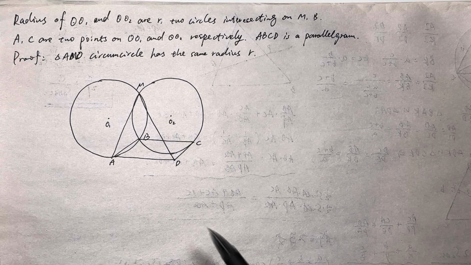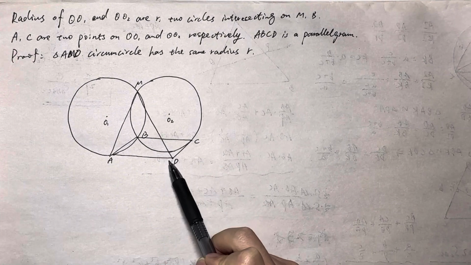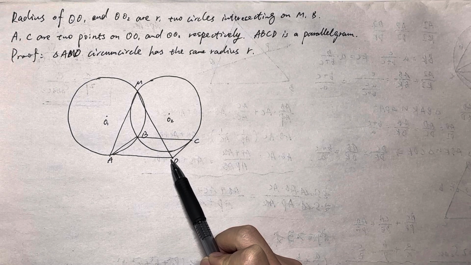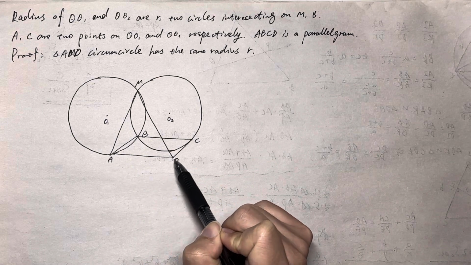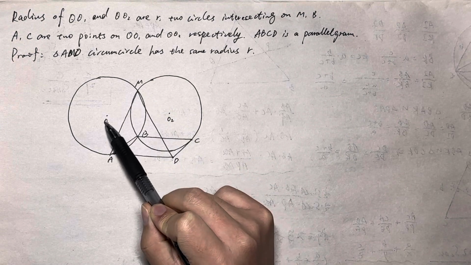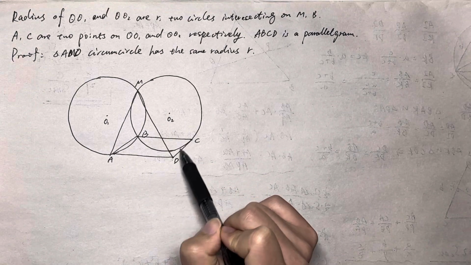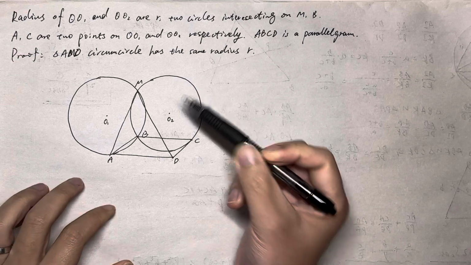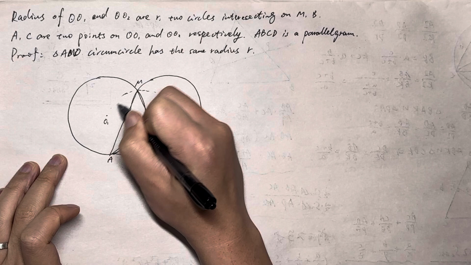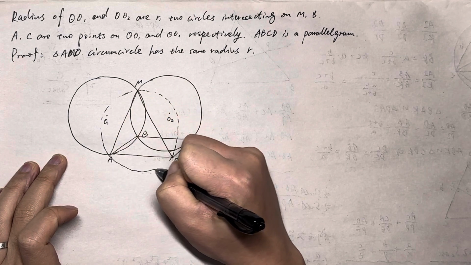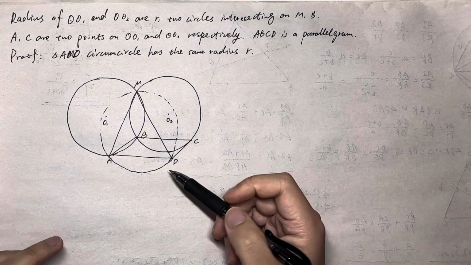We want to prove that the circumcircle of triangle AMD has the same radius R. We can imagine a circle here that intersects circle O1 on the common chord AM.